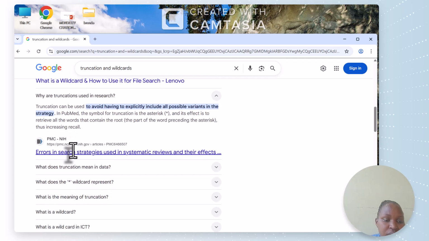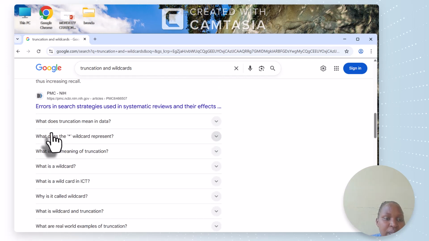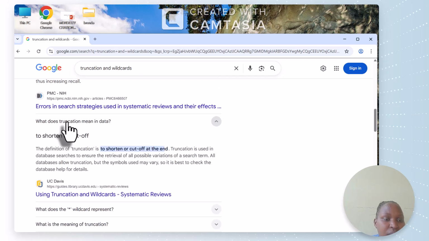Let us continue with truncations and wildcards. What does truncation mean? The definition of truncation is to shorten or cut off at the end. Truncation is used in database searches to ensure retrieval of all possible variations of a search term.